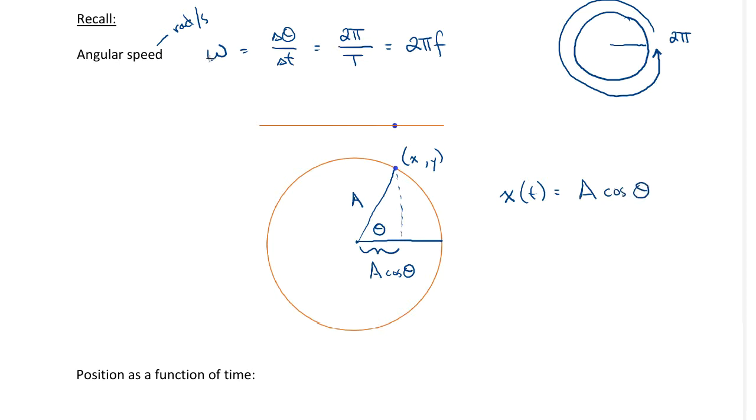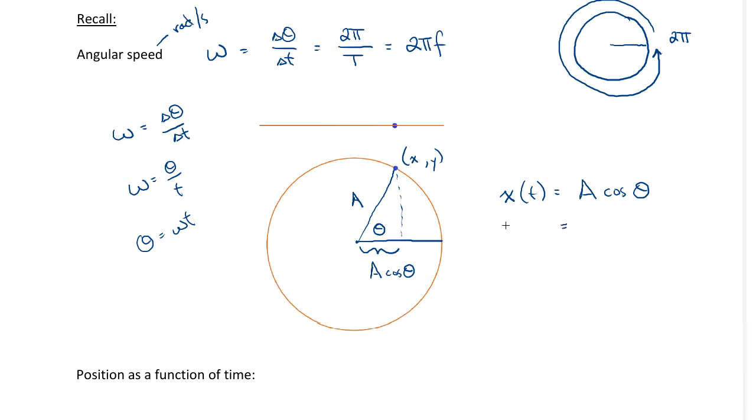Well, recalling that we said up here that the angular speed omega is equal to the time rate of change of the angle, if we start from an angle of 0 over here and a time of 0, then this becomes just theta over t, and therefore theta becomes omega, the angular speed, times time, again because we've started from 0.